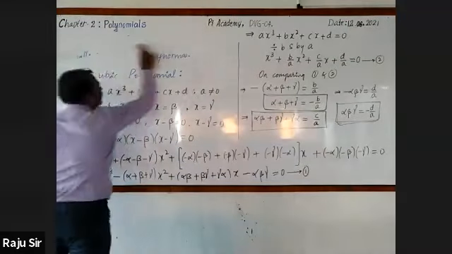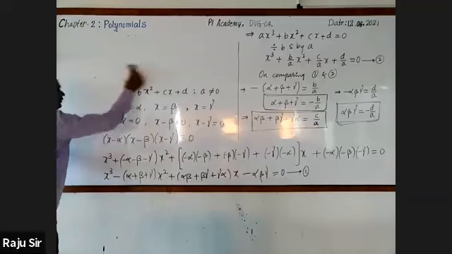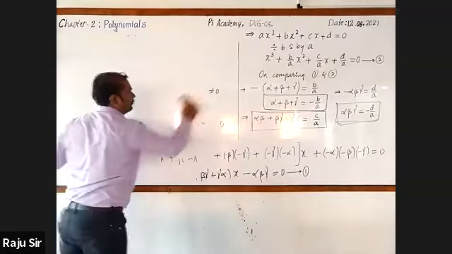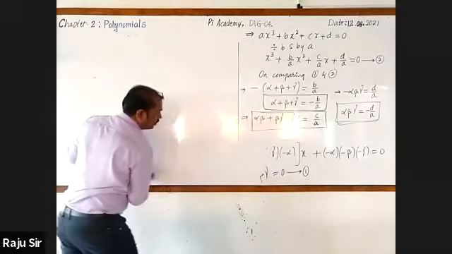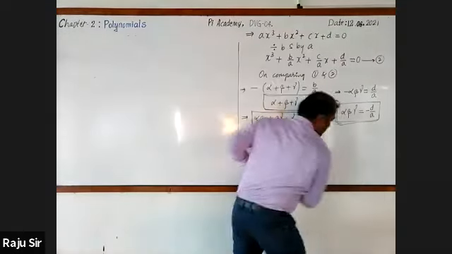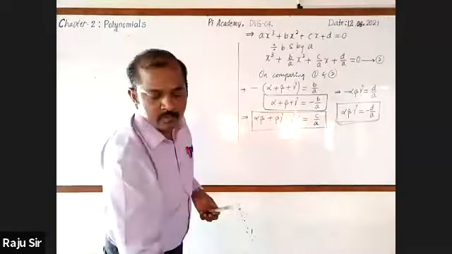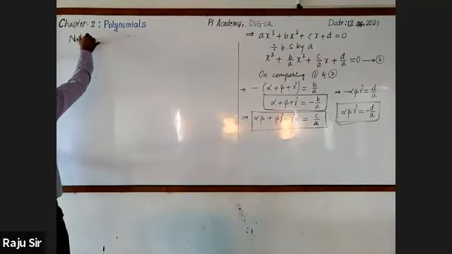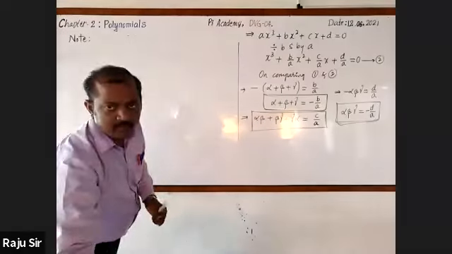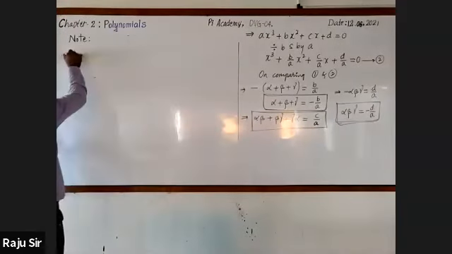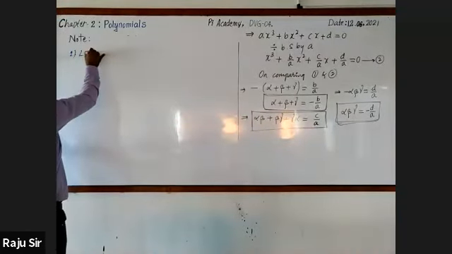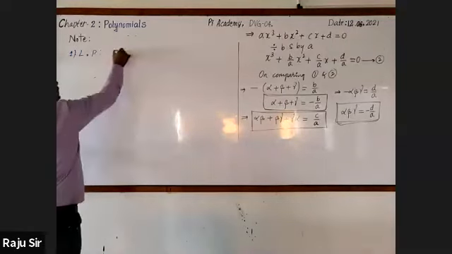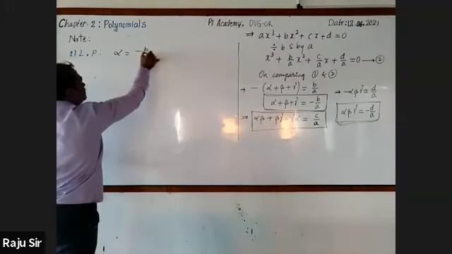Note. First, regarding linear polynomial, alpha equal to minus b by a.